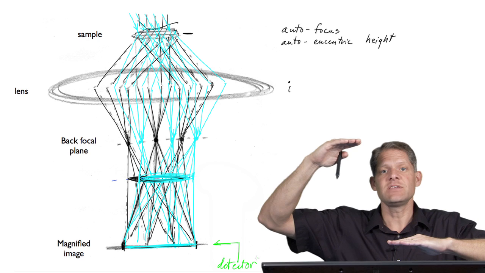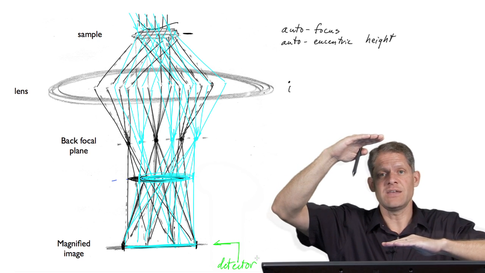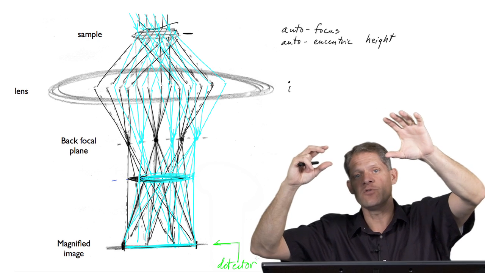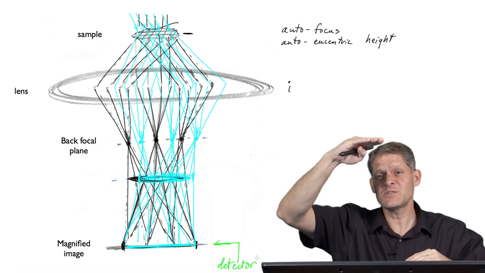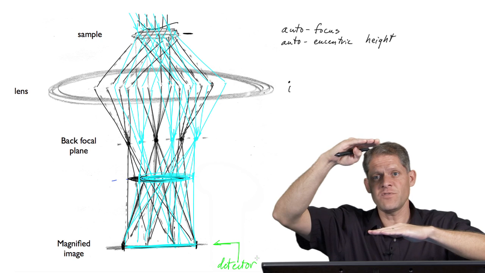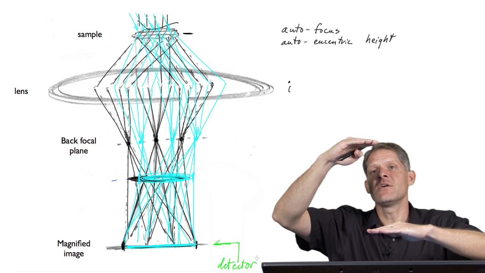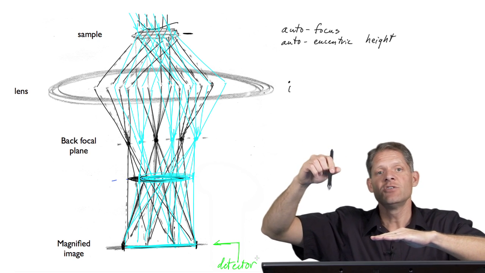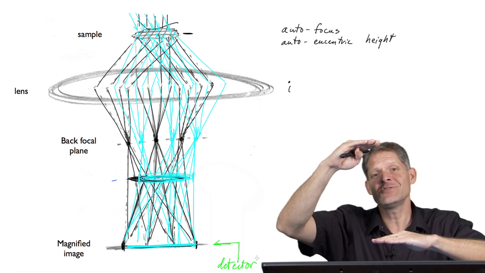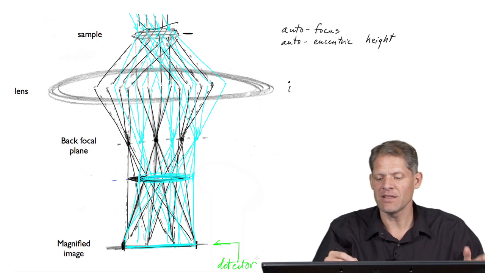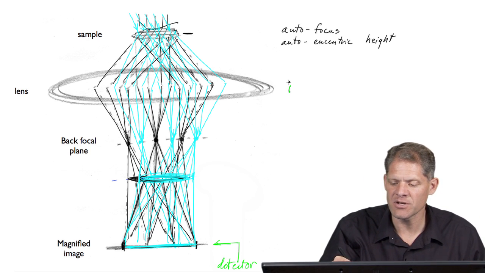And there is a fixed eccentric height where the tilt axis of the goniometer goes through. And so the eccentric height is a fixed position in the microscope, and so is the detector. It's also fixed. And so it's possible to determine beforehand what is the current in the objective lens that's required to cause an object at eccentric height to be in focus on your detector. And let's say that's a known current I.